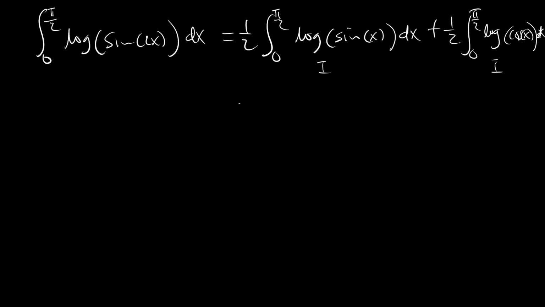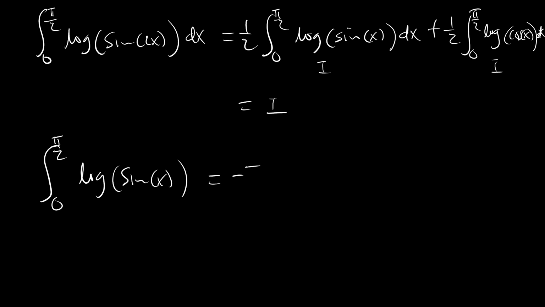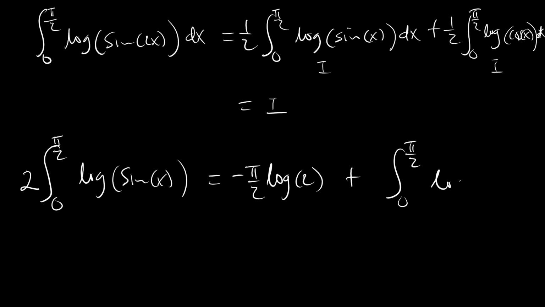It means that half for I, this is the same as I. So our previous integral from 0 to pi over 2 of log of sine of x was equal to pi over 2 log of 2 plus the integral from 0 to pi over 2 of log of sine of 2x, this was twice 2I.